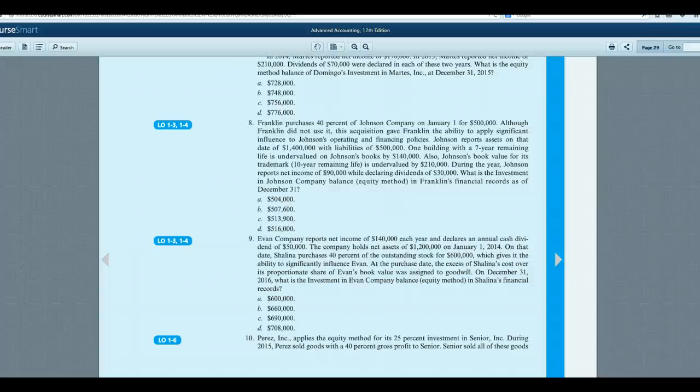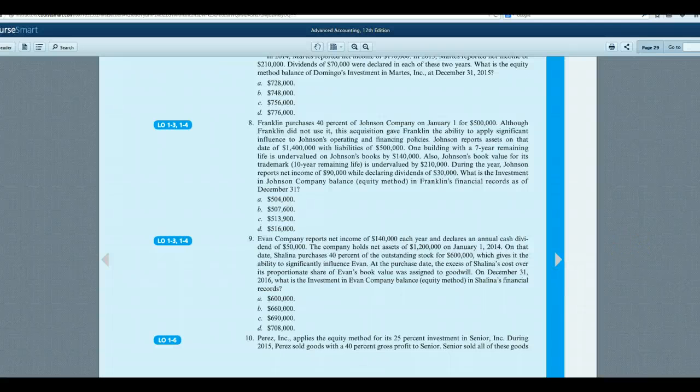At the purchase date, the excess of Shalina's $600,000 over its proportionate share of the book value was assigned to goodwill. On December 31st, what is the investment in Evan Company balance under the equity method in Shalina's financial records? Okay, so let's look at that.